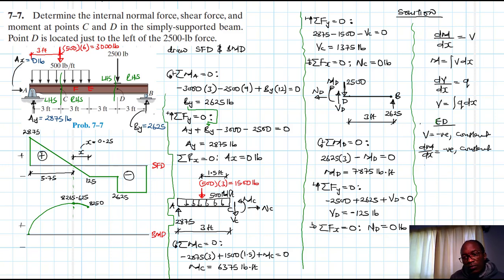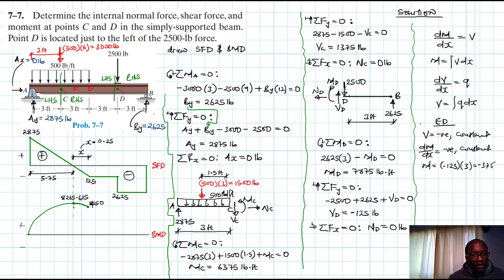And therefore our moment itself is just the area under the shear diagram, which is equal to minus 125 times the length from E to D, which is just 3. So this one gives us minus 375.